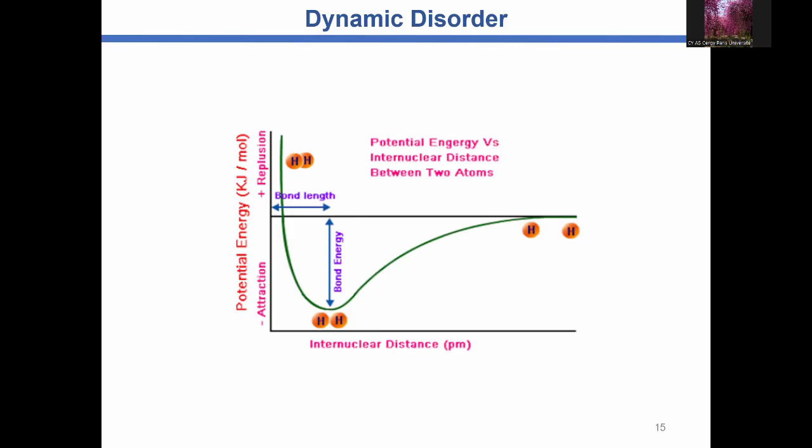If you decrease the intermolecular distance, the energy will be even higher because you have this limitation of the radius of the electron of the atom. And if you increase the distance between the nuclei of the atoms, you can suddenly break the bond.